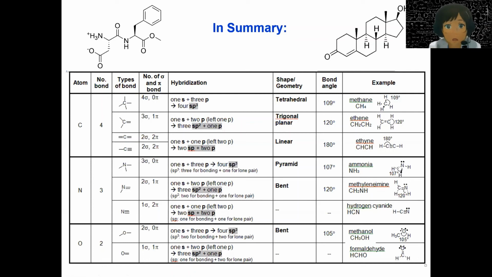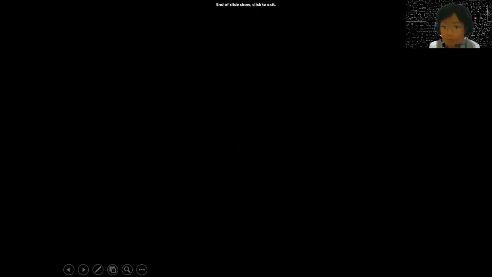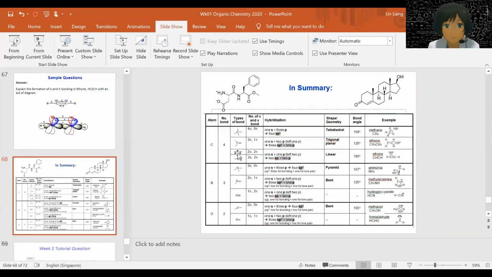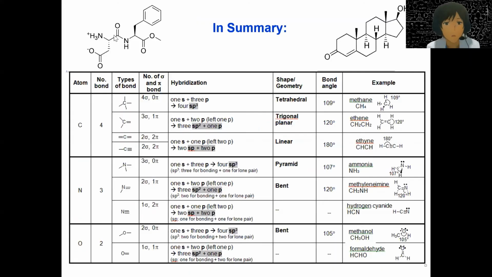Sp hybridization means one s orbital mixed with one p orbital to give us two sp orbitals. That's linear. The bond angle is 180 for your ethyne, and that's for your carbon.